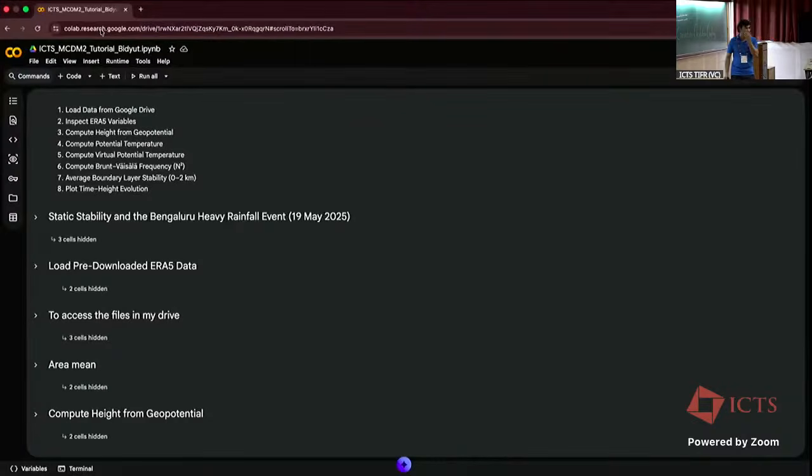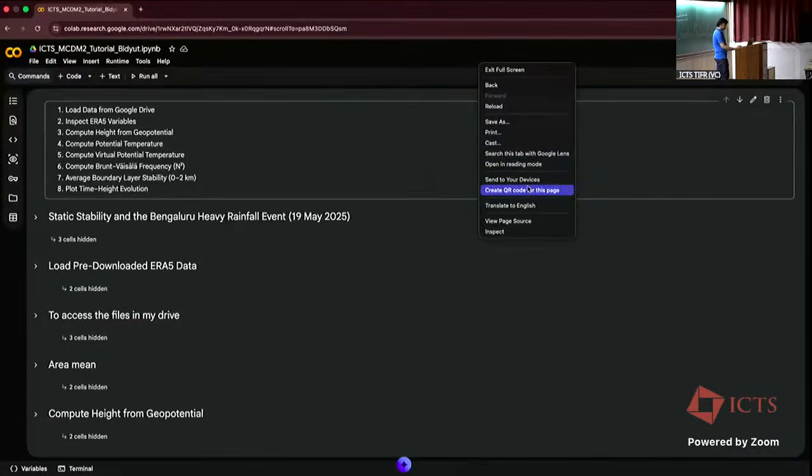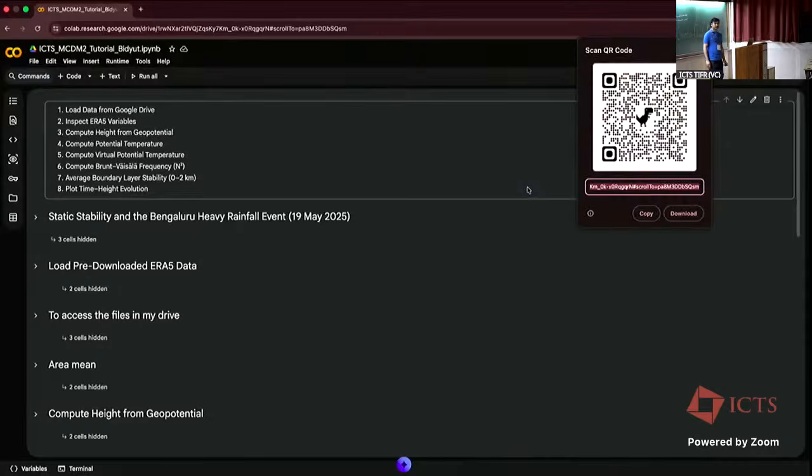So now a logistic question: how do we do this? I can either right click on it and create a QR code that you all scan and get it on your computers, or you code it yourself. So those who like to code, don't scan. Those who like to take my notebook, you can scan.